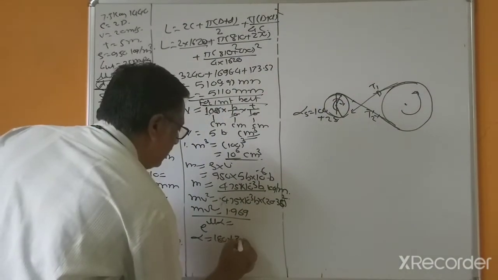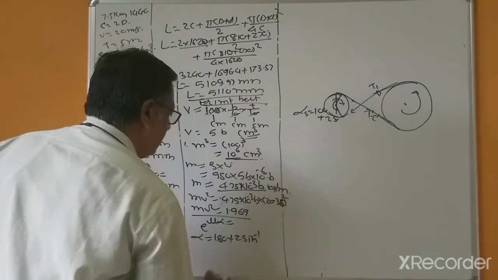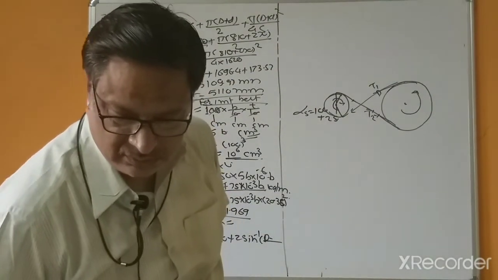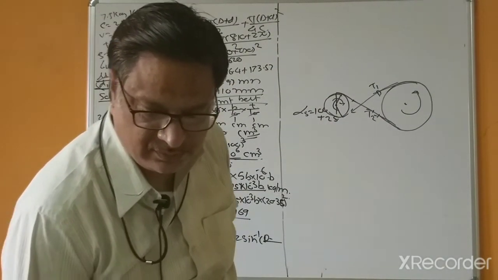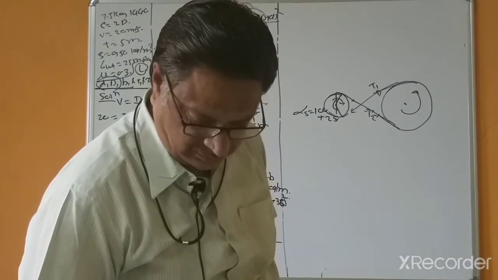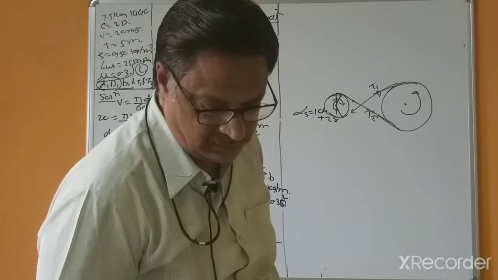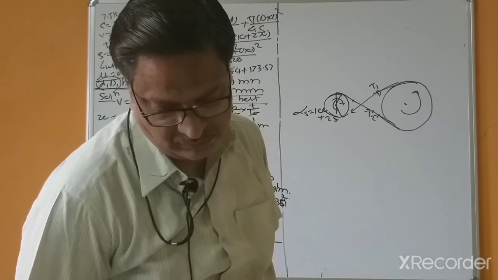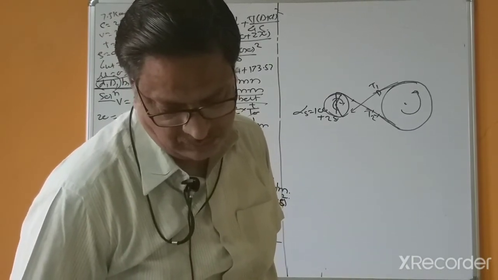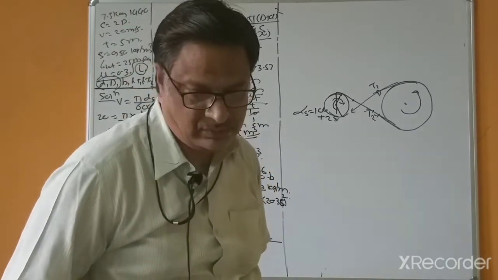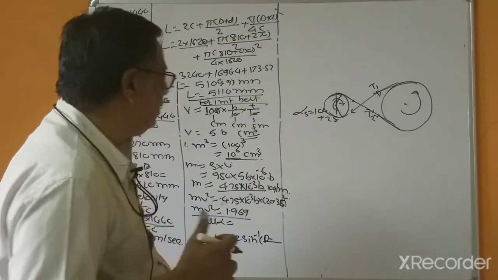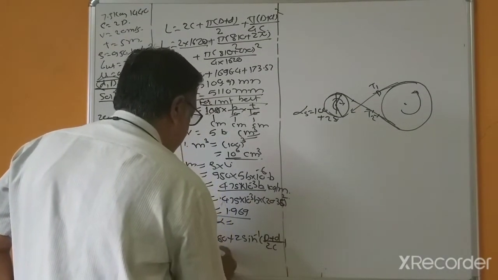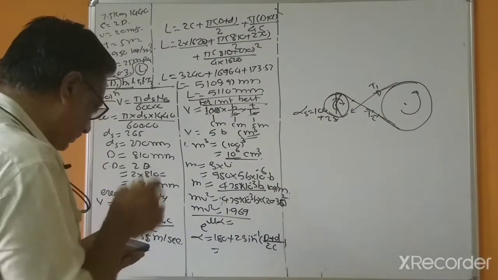So that's why 2 sine inverse capital D, because this is plus D divided by 2C.